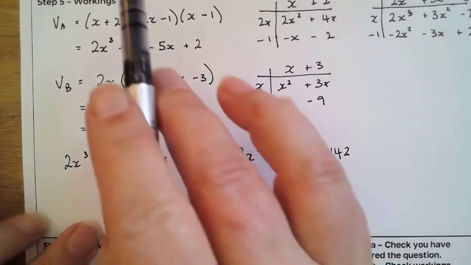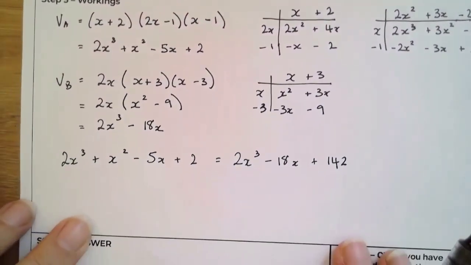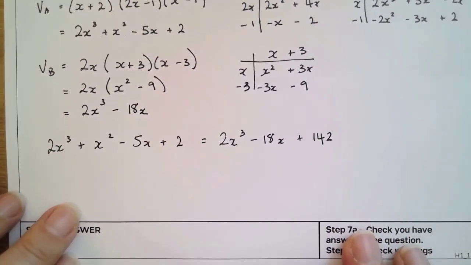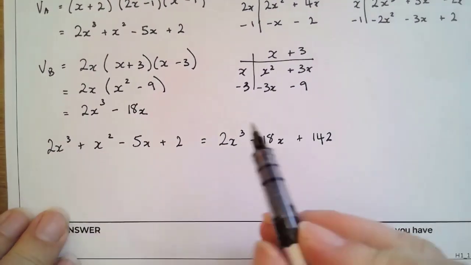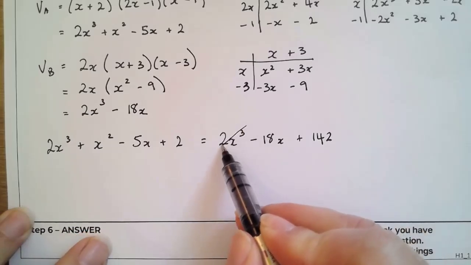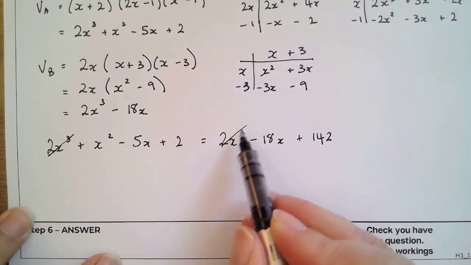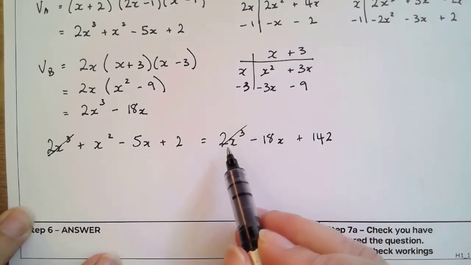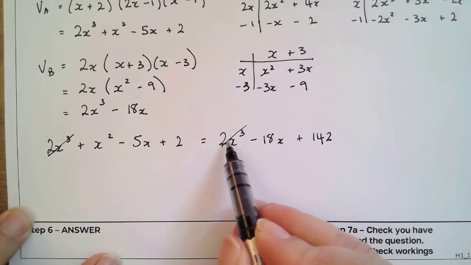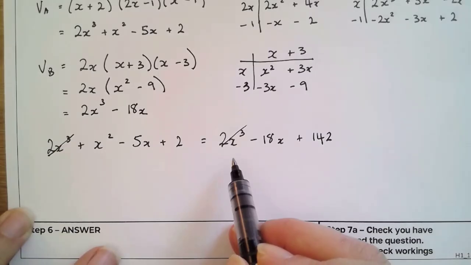We do that because we need to find the value of x, and to do that we need to solve this. It looks like a cubic, but the first thing I can do is subtract 2x cubed from both sides, so they reduce to 0.